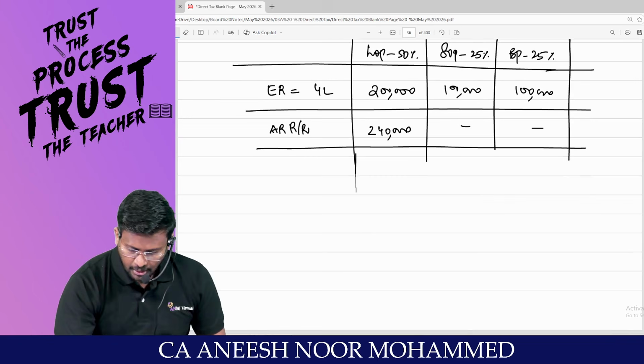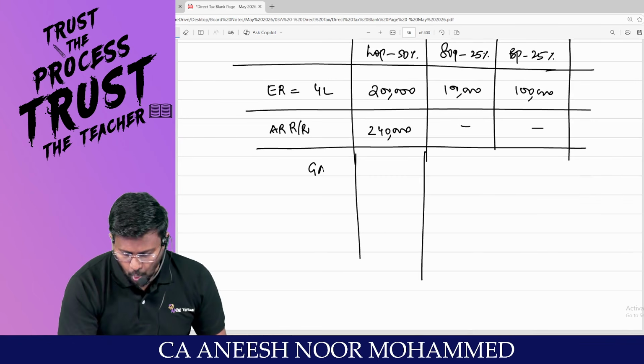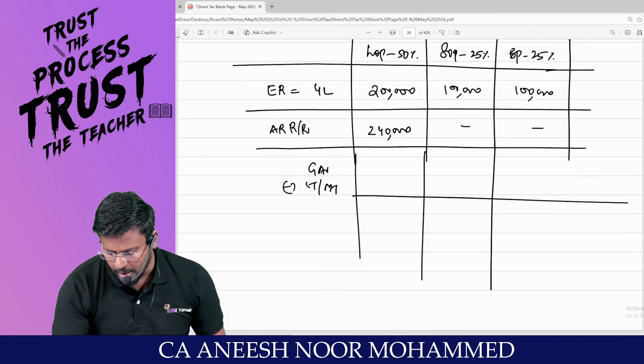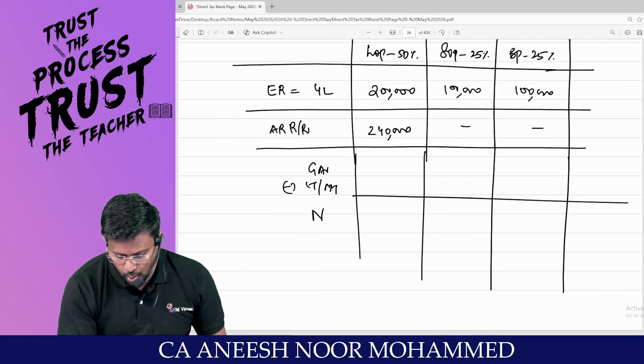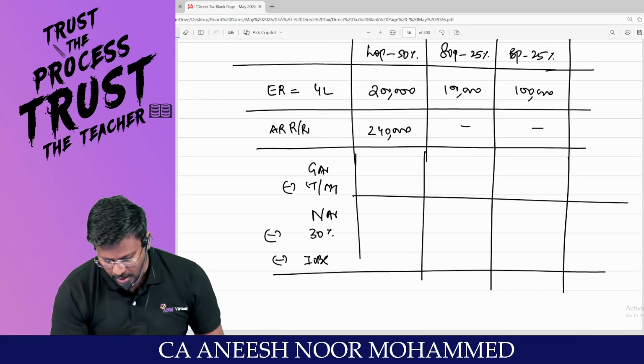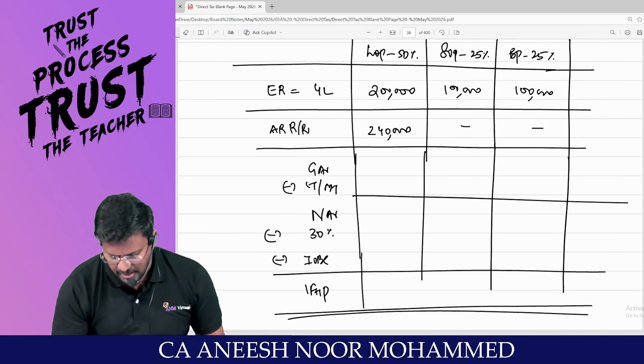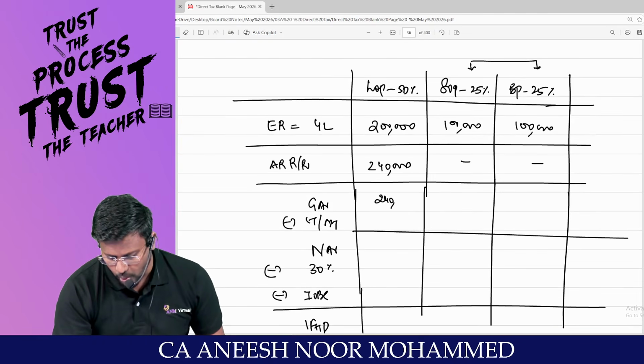Am I right? My dear lovable students, now gross annual value less tax paid by the owner. You will get net annual value, less deduction 30%, and you will have interest on borrowed capital. You will be getting income from house property. For this 50% portion, GAV will be 2,40,000.